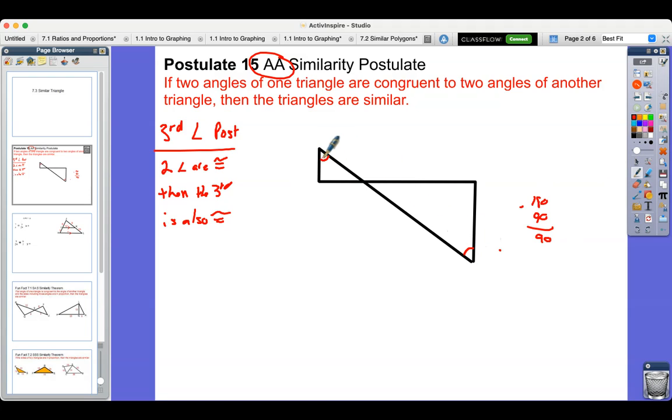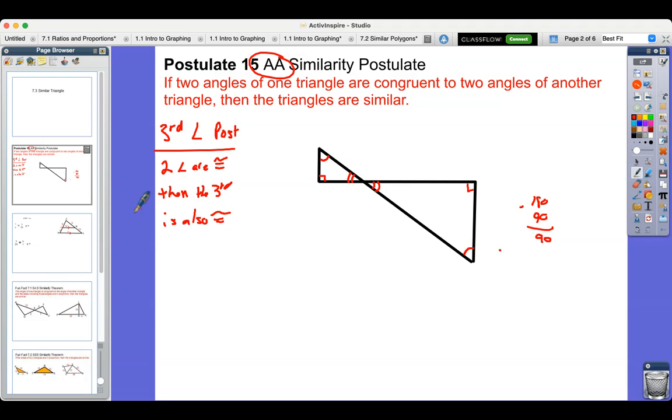We have to be mindful: what other things can I assume is true? Vertical angles is something you can always assume. Always, always, always. And if they also mark a 90-degree angle, you can say all 90-degree angles are congruent, because it's a set value.